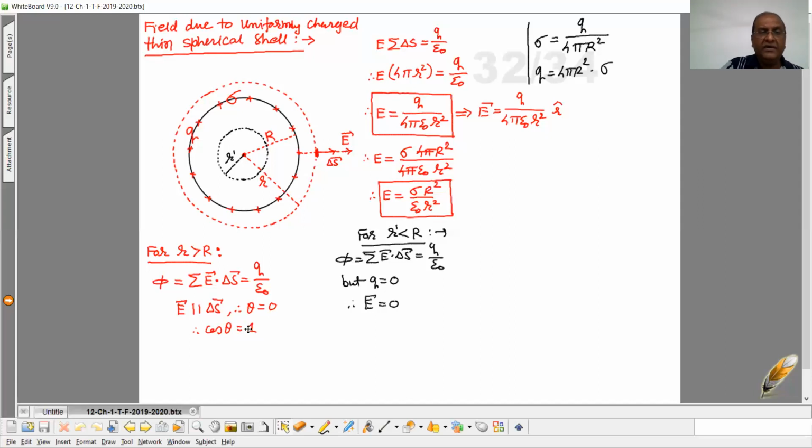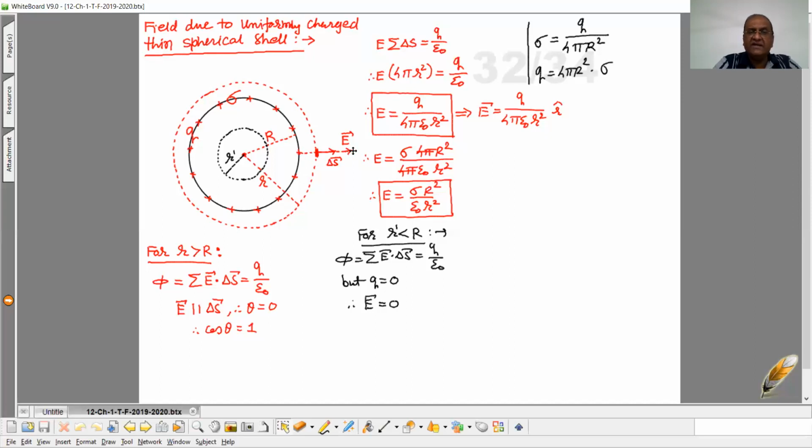Now, flux passing through this particular spherical Gaussian surface, as per definition, we can write as sum of E dot delta S. Delta S is an infinitesimally small element on the Gaussian surface, and the electric field at the position of this element is E, but the electric field is radially outward.